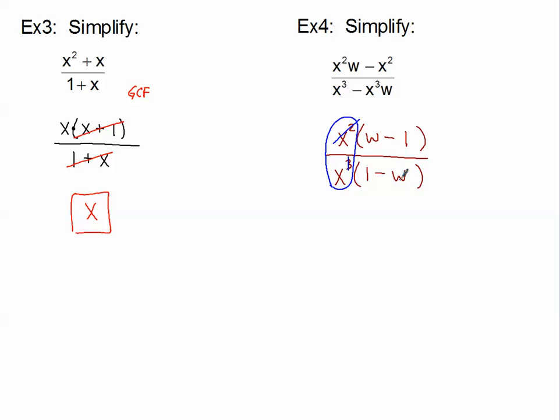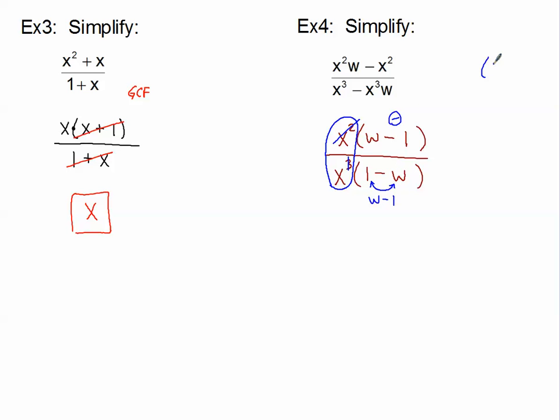So this is what we can do. We can flip one of these around, and in this case I'm going to flip this one around and make that w minus 1 by understanding that that is going to be the opposite of this. And then I'm going to need a negative sign in my answer. It's sort of like factoring out a negative 1.